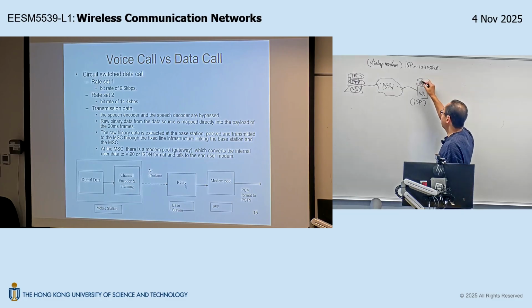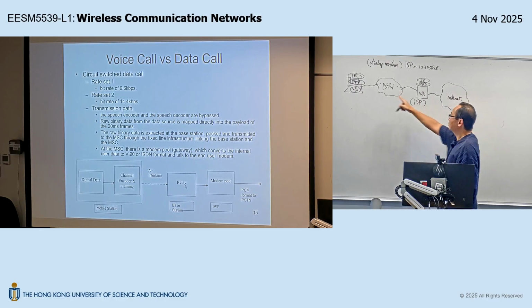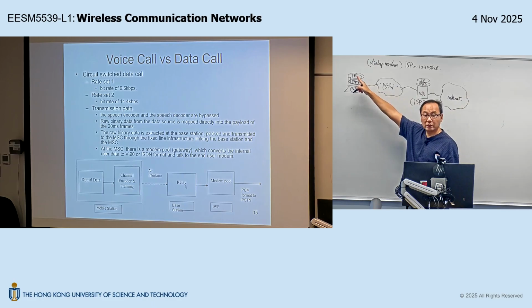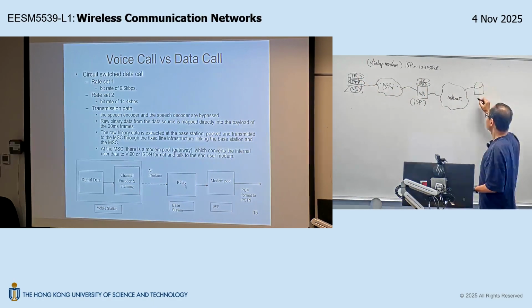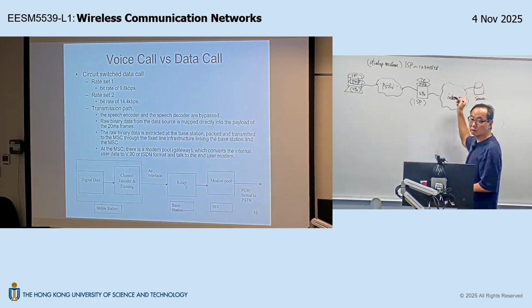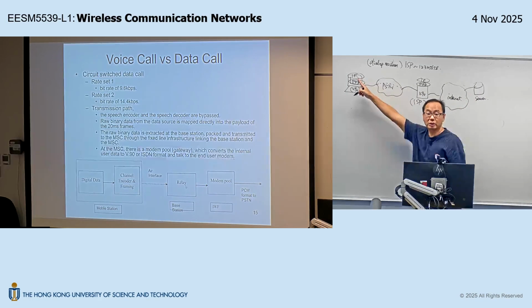So this will be the IP. Then the internet service provider will be connected to the internet. Okay, and since you now have a publicly available IP address, other servers in the internet can receive your IP packet. They can also send an IP packet to you with this IP address.